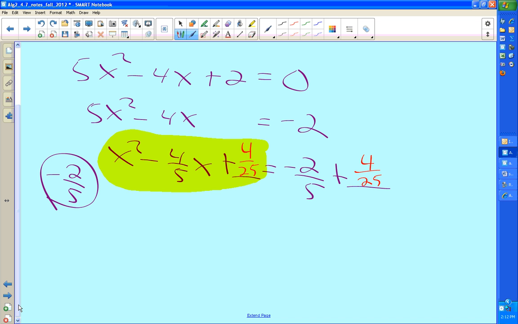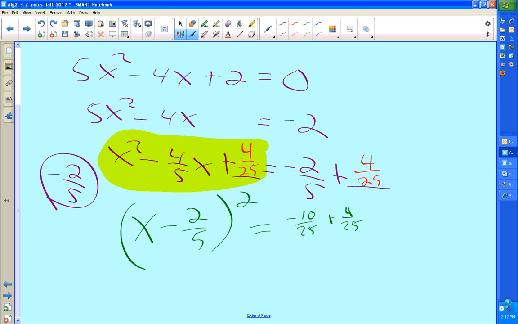How do we factor it? X minus 2 over 5. Wrap it, square it. We love that. Over here, you need common denominators. Negative 2 over 5. Common denominator is going to be negative 10 over 25 plus 4 over 25.